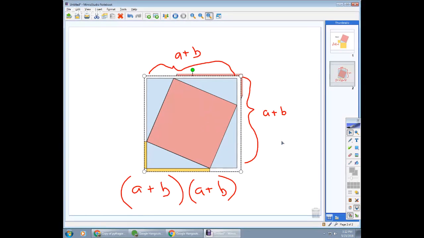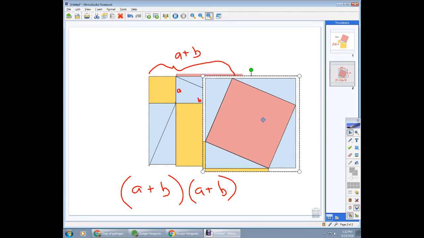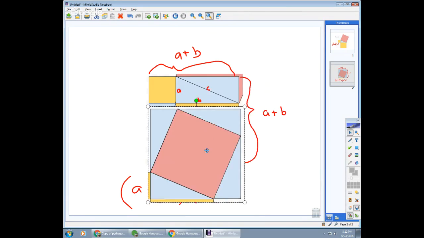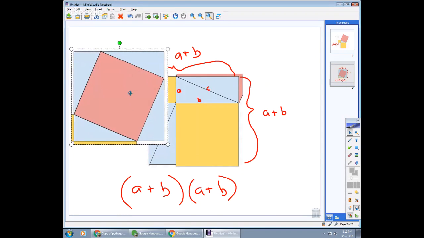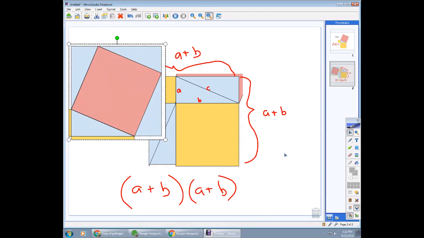What can you tell me about the length of this square? It's A plus B. And what about the height of it? It's A plus B. It's the same size as that other square. They are the same size. It's kind of neat. Stick it right there.